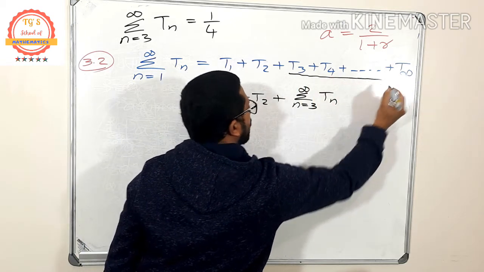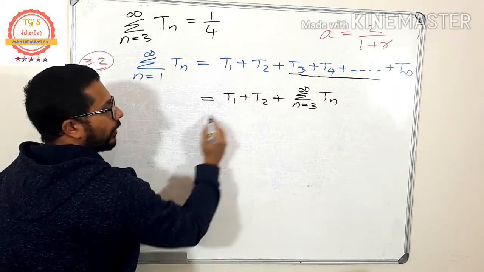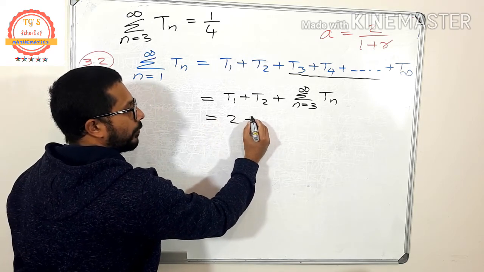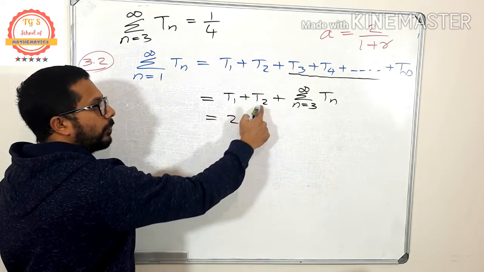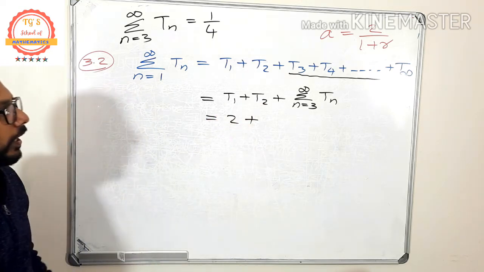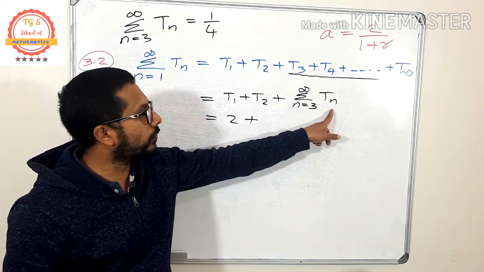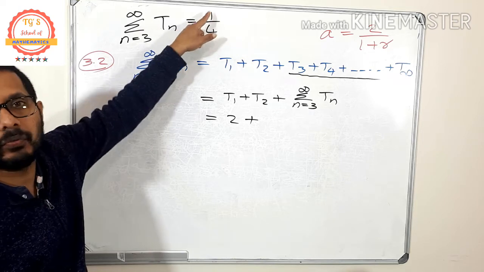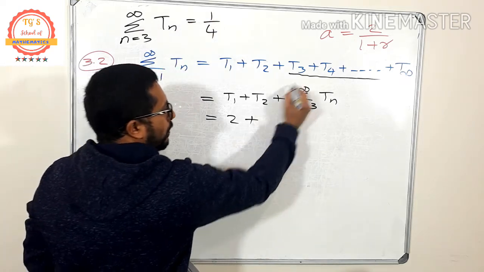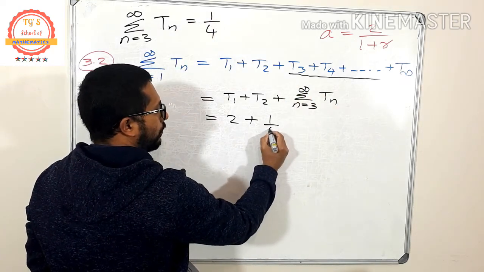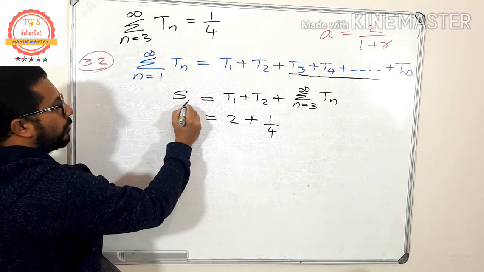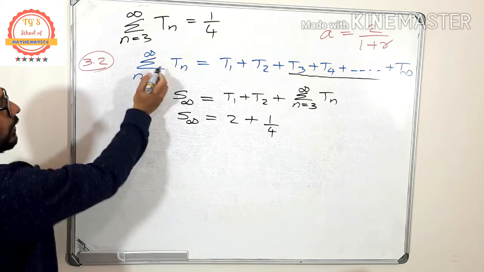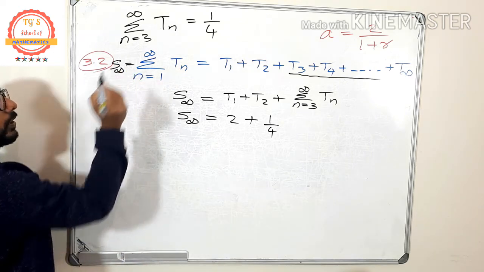And this T1 plus T2, we know from the previous question, question 3.1, it is given that T1 plus T2 is 2. And what is this one? From 3 to infinity, Tn is 1 over 4. So instead of this one, we can write 1 over 4. So this is the sum to infinity.